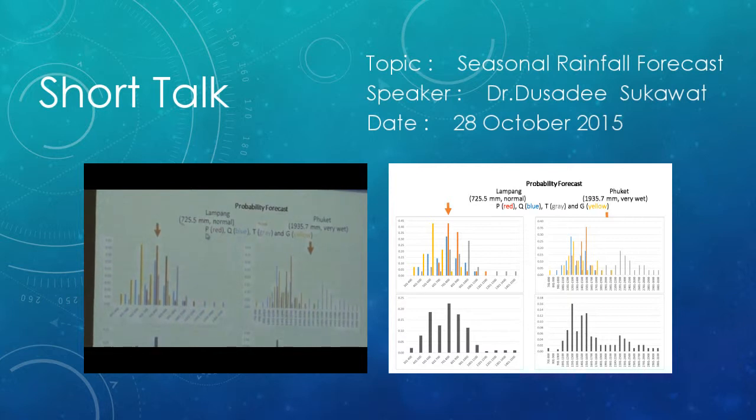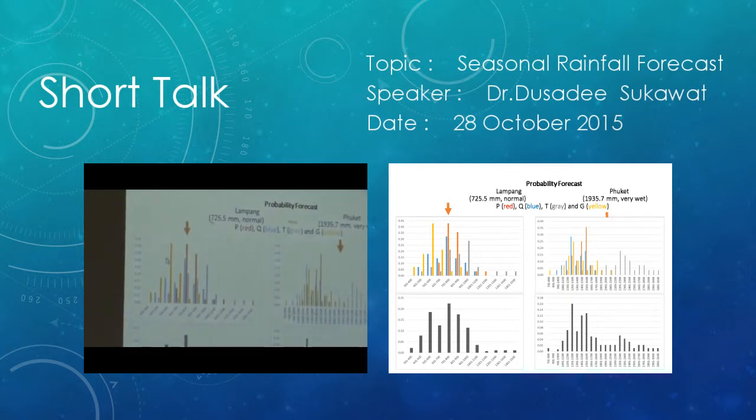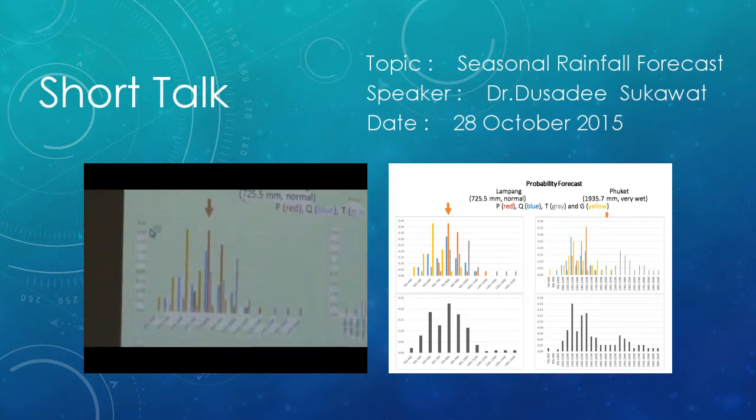If you use pressure, you come up with this. This is the amount of rainfall classified into interval. Each interval is about 100 millimeter apart, and this is the probability.